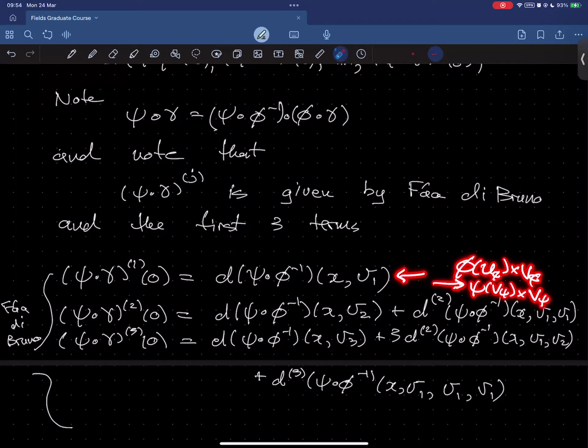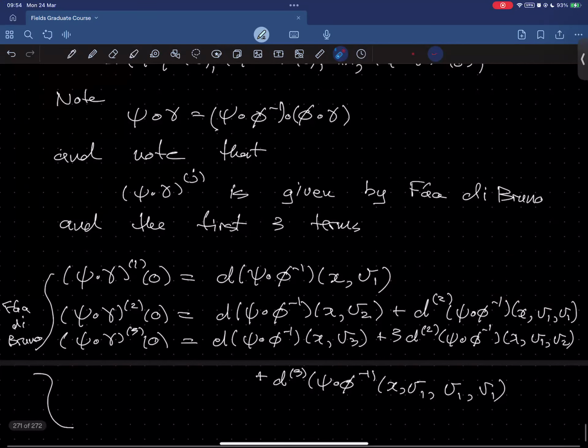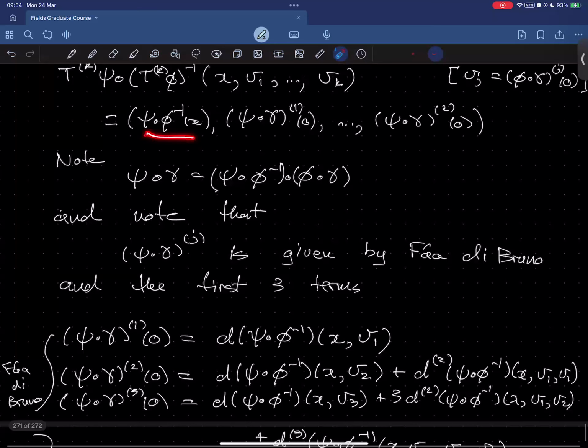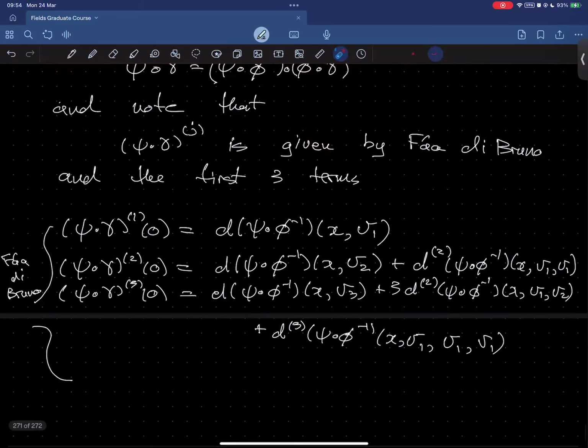So we know that we're good there. And what this means is that the dependence of this thing on x and v1 is such that the overlap map here is a diffeomorphism. Now let's look at the j equals 2 case.